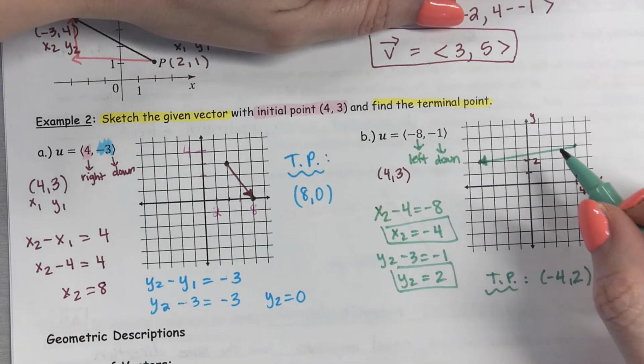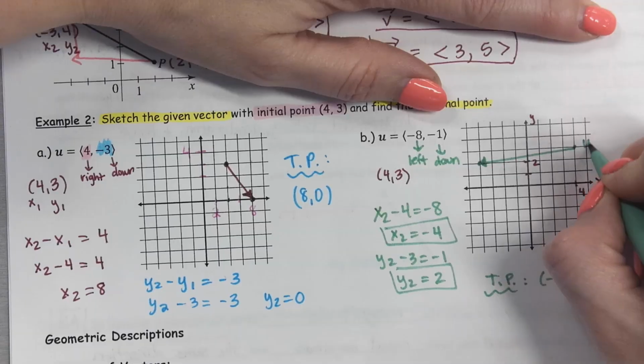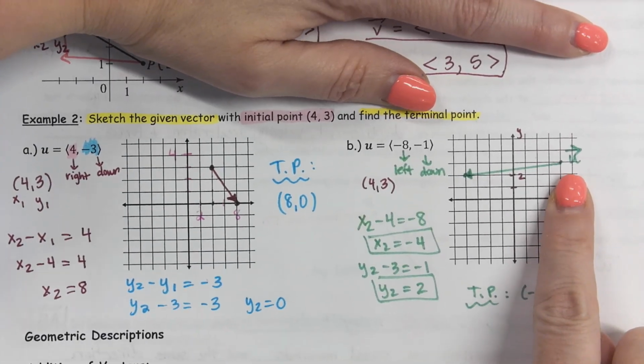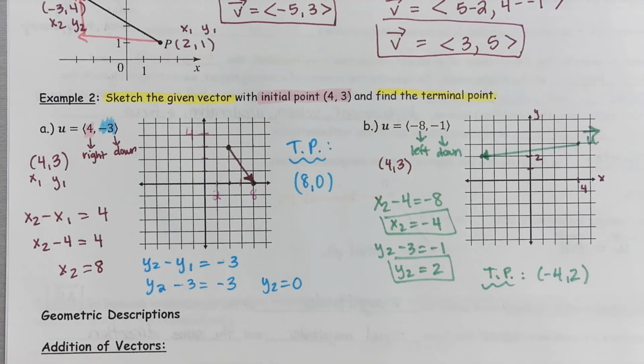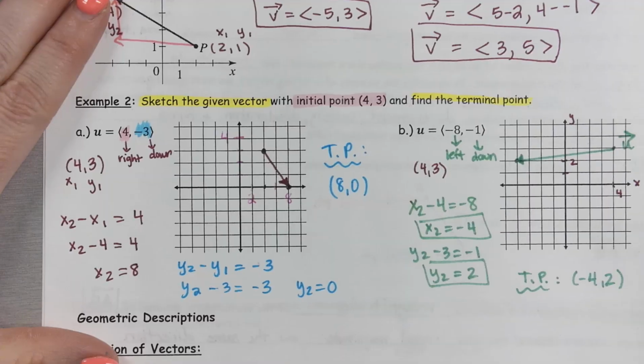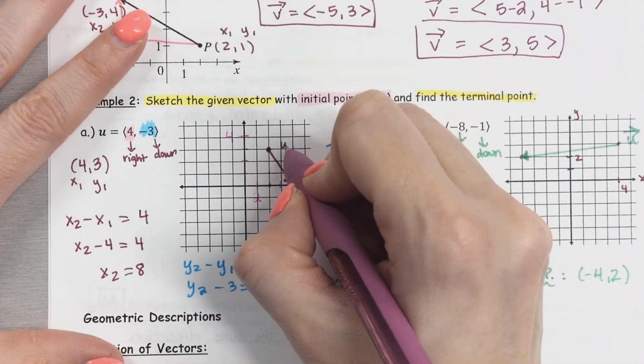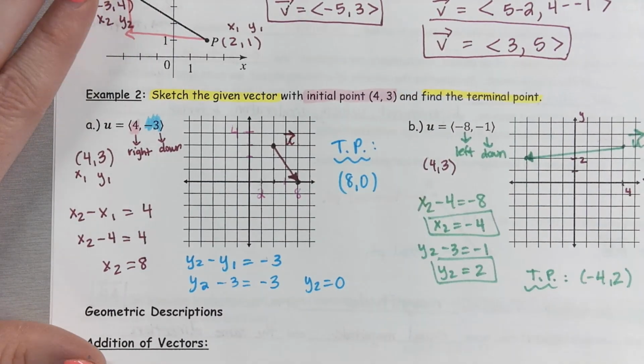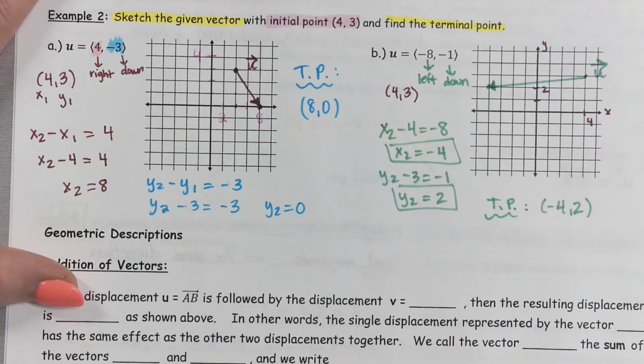And then they call it U, so when you're labeling that, you usually just put it right there. And same thing with this, you just label it as U in your diagram.